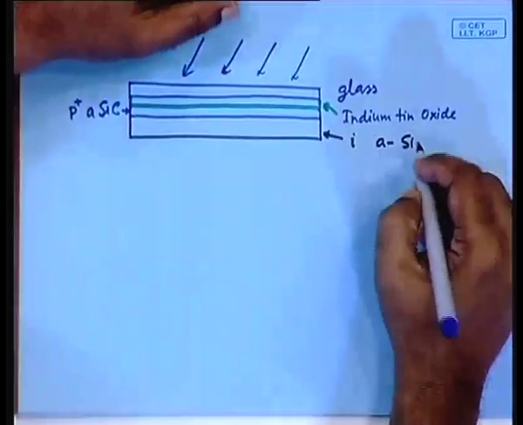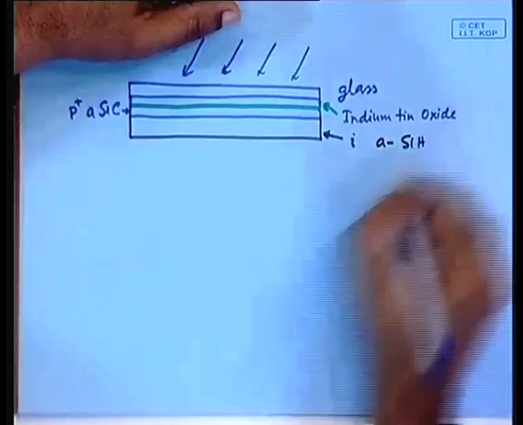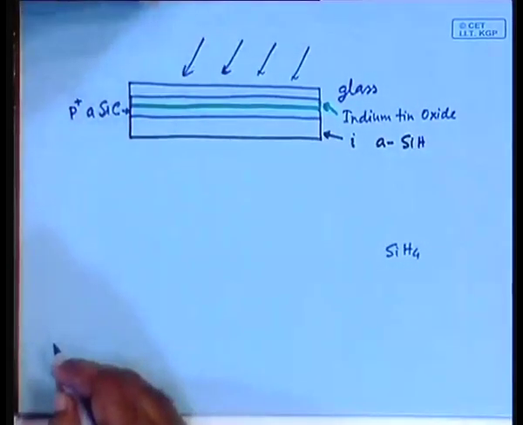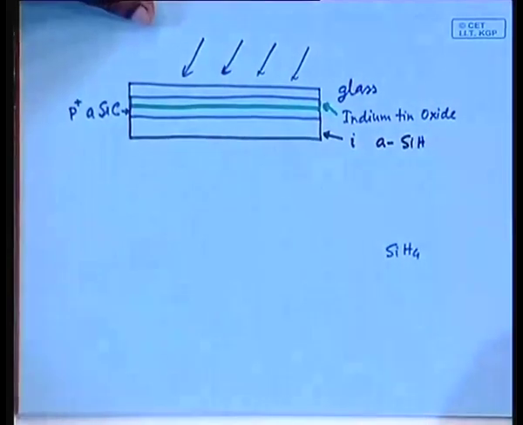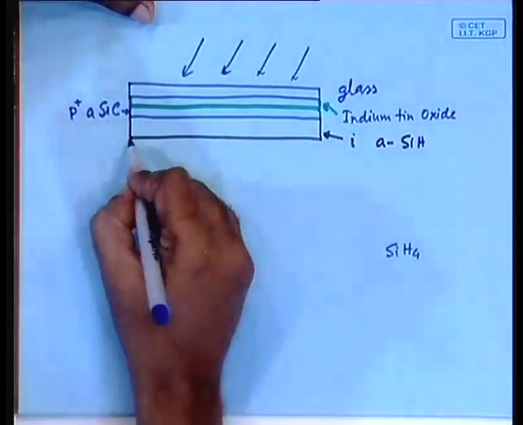It contains about 10 to 20% hydrogen. And as a result, some of the dangling bonds are satisfied, and dangling bonds, as I told you, are the recombination centers, so this reduces the recombination. So, that is what is desired. So, in this part you have SiH, and below that you have again a layer.